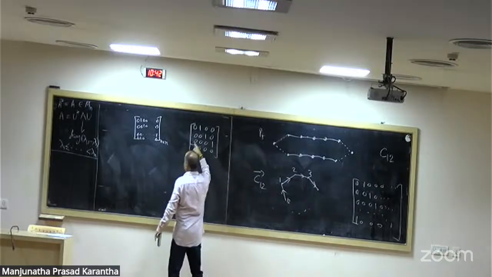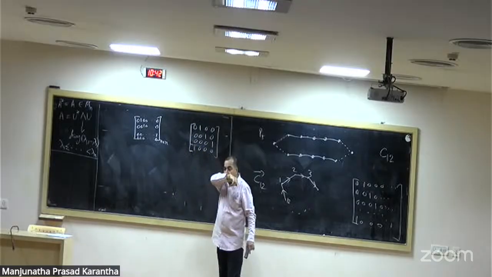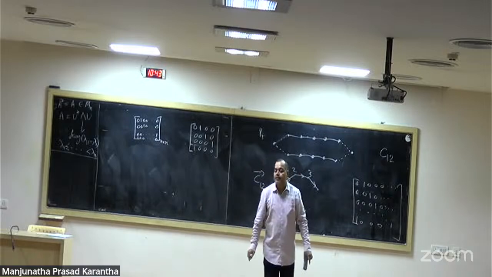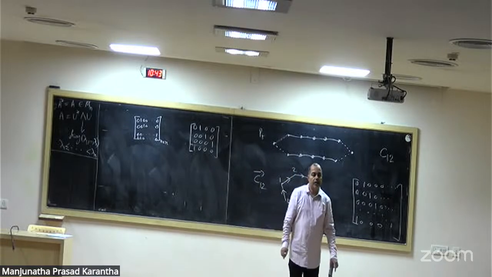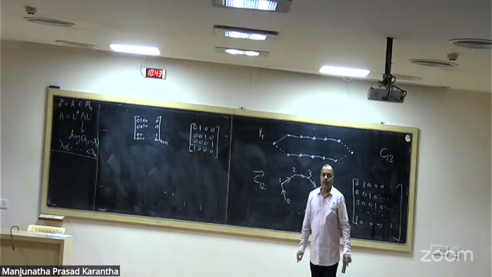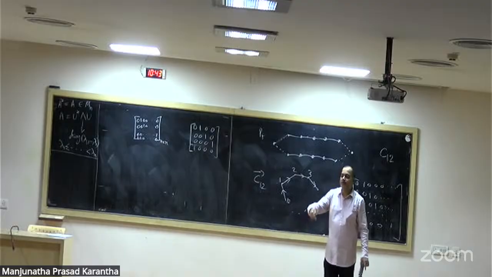Find the characteristic polynomial of this one. The characteristic polynomial in terms of t, where t is the variable.